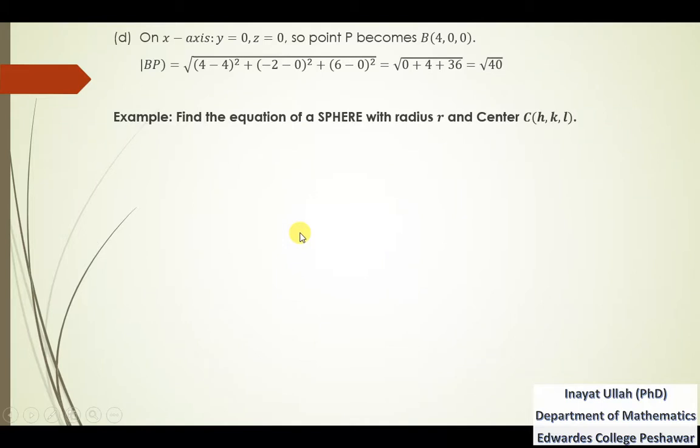Now this example is a bit important for you people. We have just studied that a sphere is actually a 3D surface. Sphere means a football. A football is a sphere. A circle is a 2D shape which contains x and y variables.